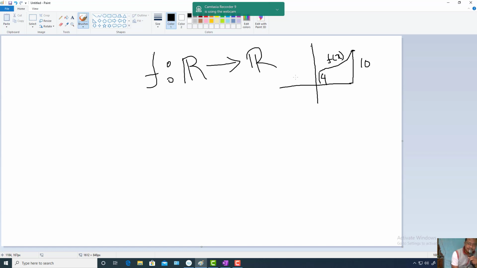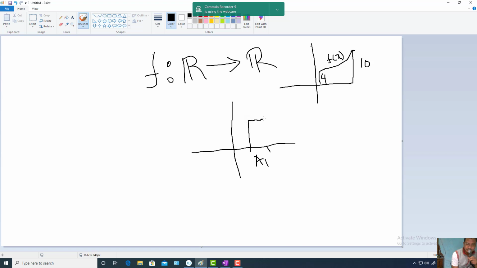But suppose the function takes only finitely many values, and the function is like this. Suppose this is your set A1. If x belongs to A1, the function takes the value a1 only.